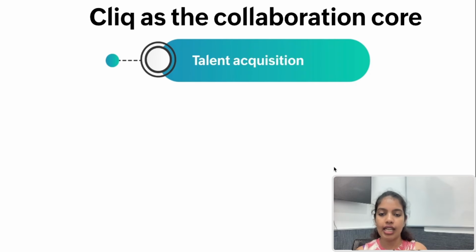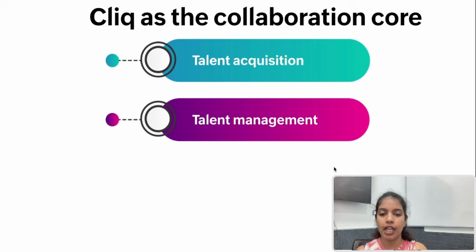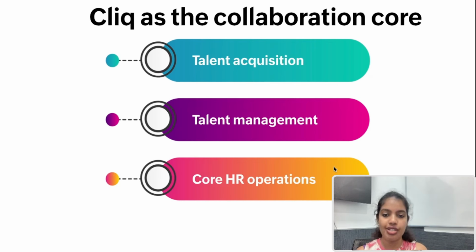The first is talent acquisition. Basically, how your hiring process becomes faster, smoother, and more collaborative. The second is talent management, wherein we'll see things like recognition, feedback, and learning that keeps employees motivated and growing. The third is core HR operations, those everyday processes like, say, approvals, leave, or expenses that can otherwise slow people down.